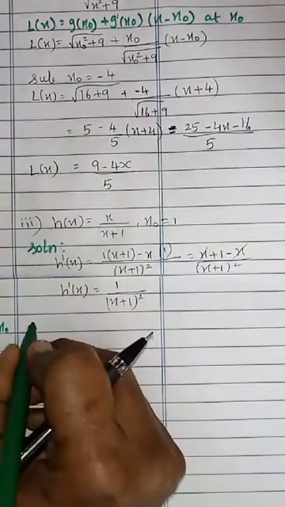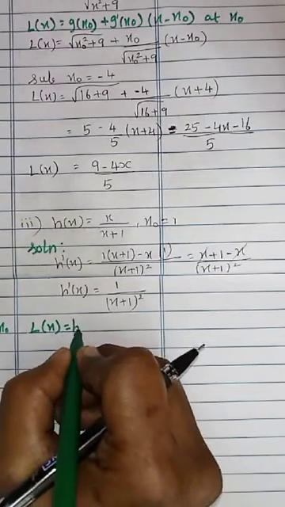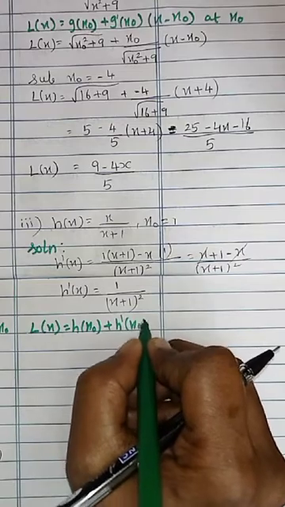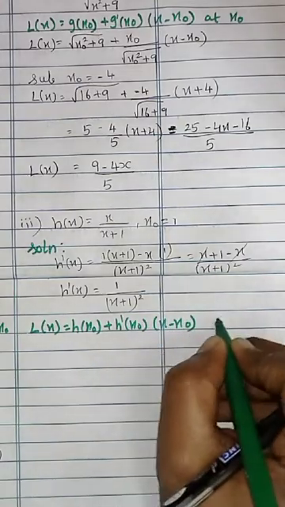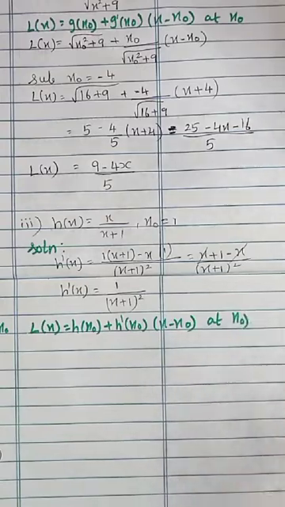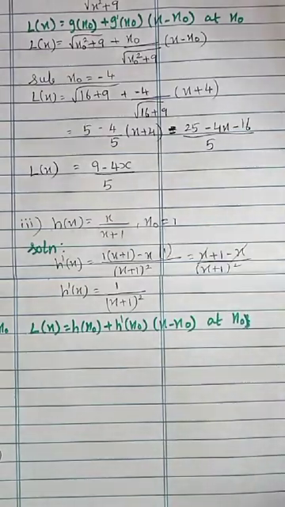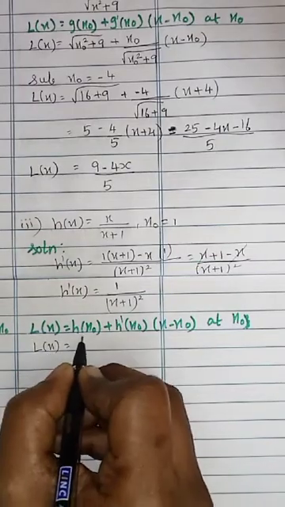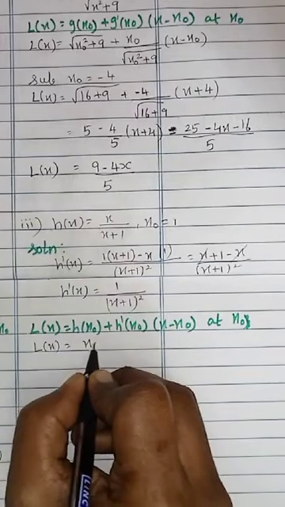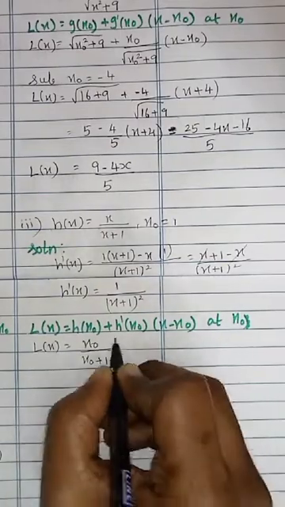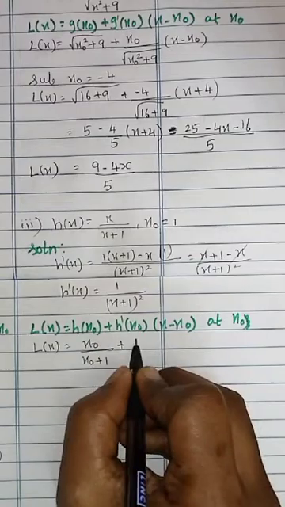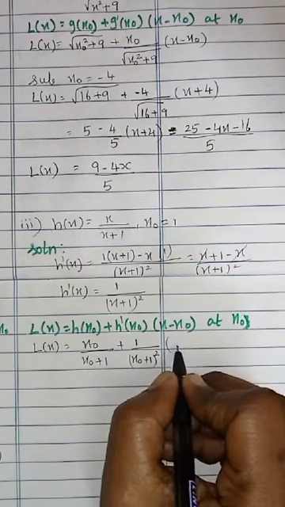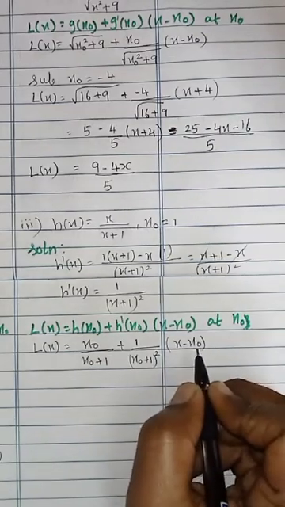Now you can use the formula. L of x equals h of x naught plus h dash of x naught into x minus x naught, at the point x naught. Now you have to substitute. So L of x equals x naught by x naught plus 1, plus 1 by x naught plus 1 the whole square into x minus x naught.